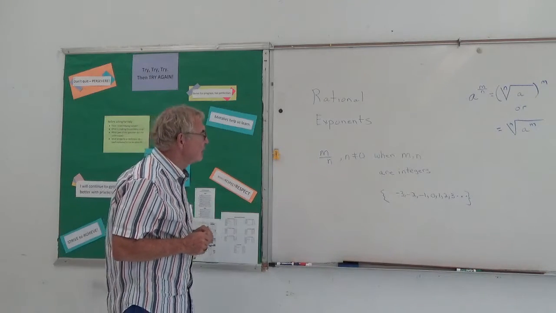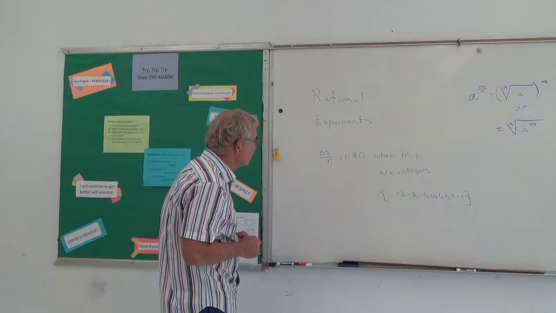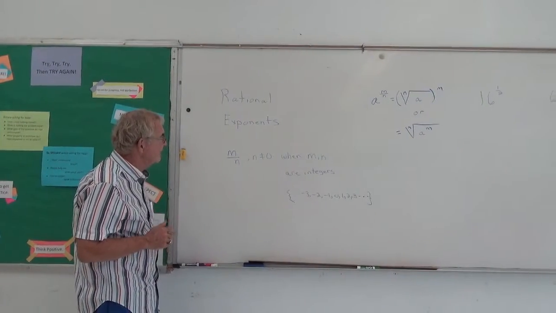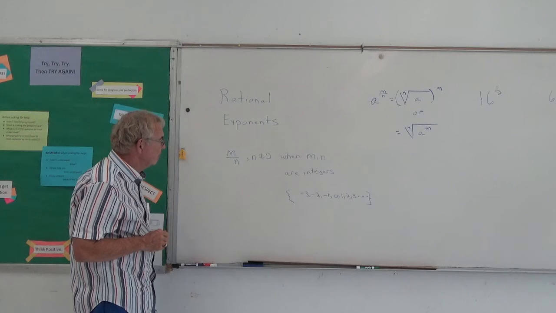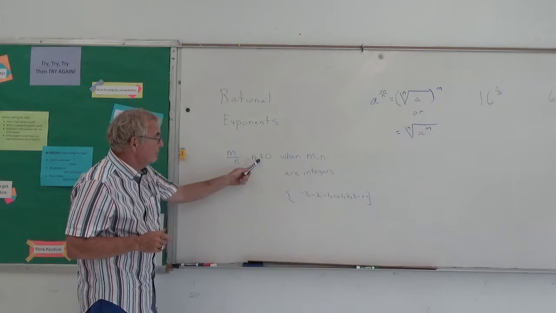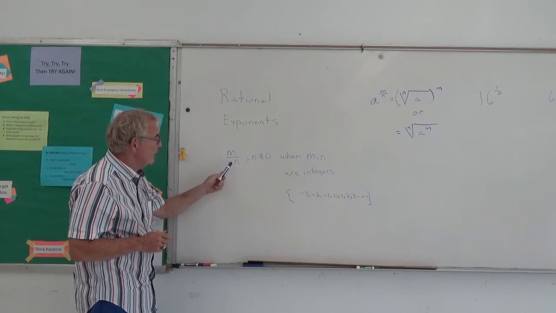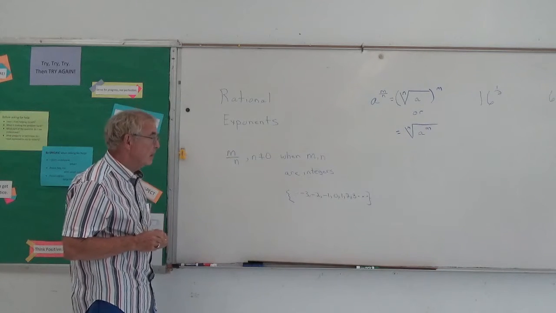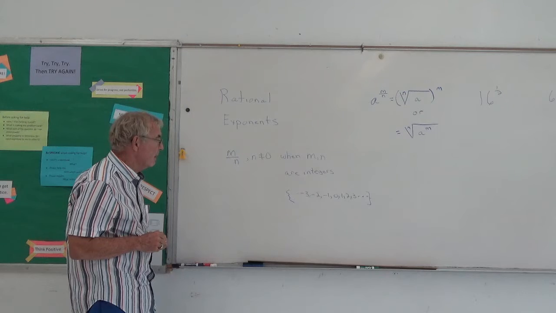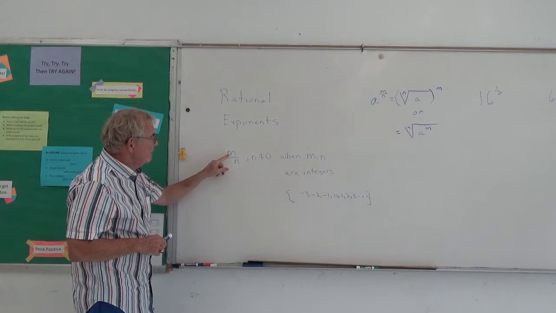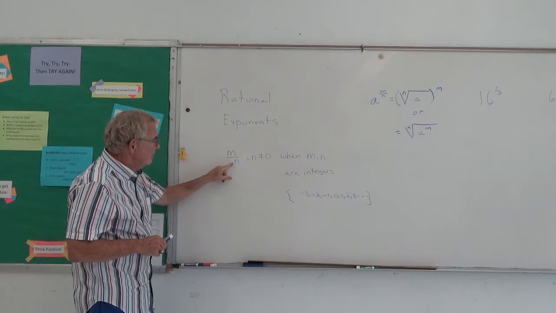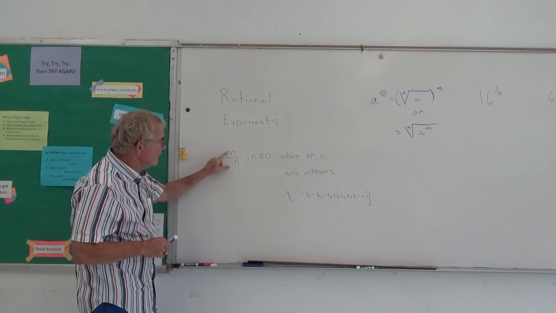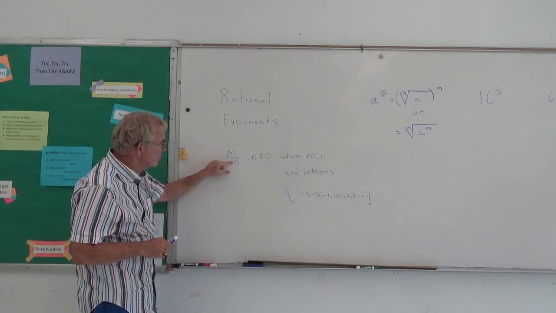So, a definition for rational numbers is you take two numbers m and n divided by each other. Now remember, n can't be 0 because 0 in the denominator is impossible. That's why it's called undefined. So m divided by n is a rational number, provided these two numbers are integers.